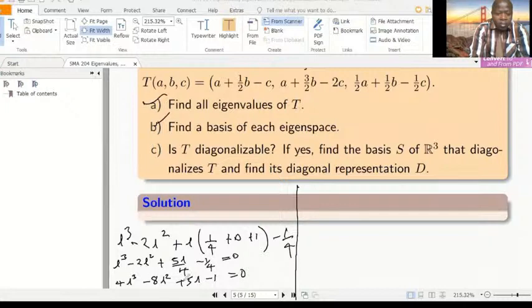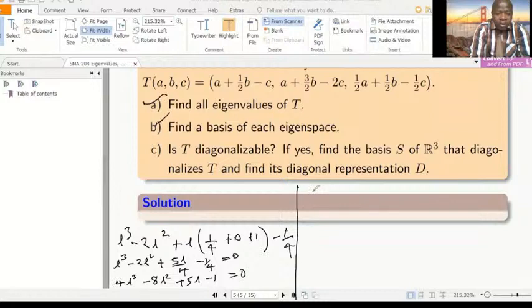Now we have this cubic equation. To solve that, we look at the constant term and then look at the coefficient of lambda cubed. I want to get the roots of this cubic equation.